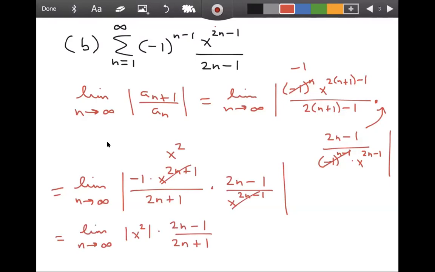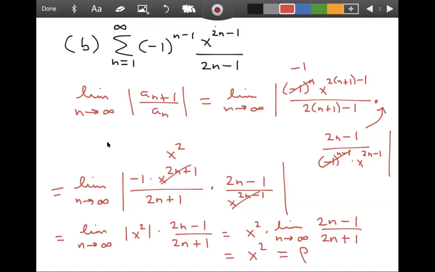And also, we don't need the absolute value on the x squared because x squared is never going to be negative. So we can ignore that x squared. It turns out it's not going to help all that much, ignoring it. Okay, but the limit as n increases without bound of 2n minus 1 over 2n plus 1 is again 1. So this limit is equal to x squared. That's my value of rho.